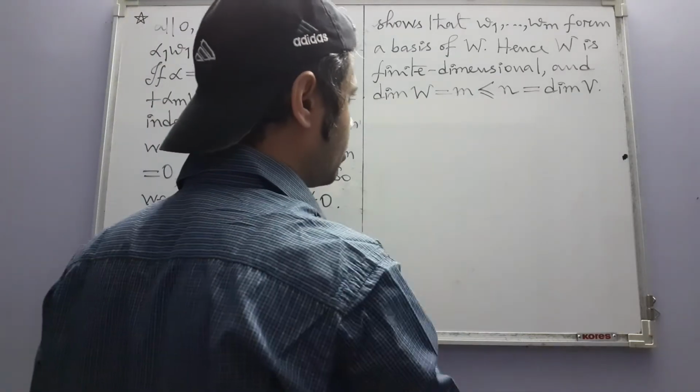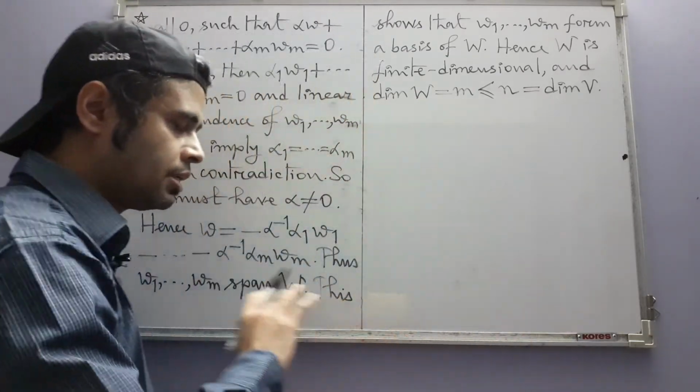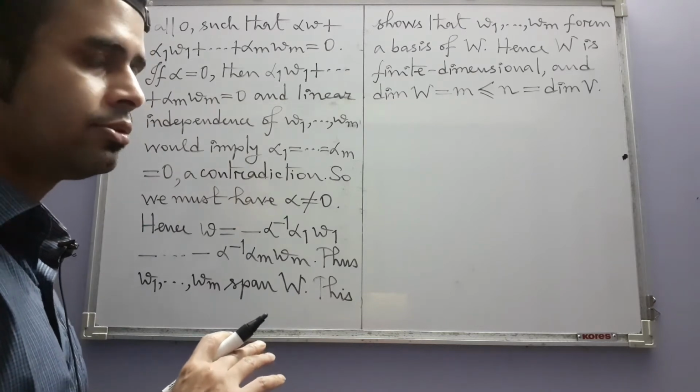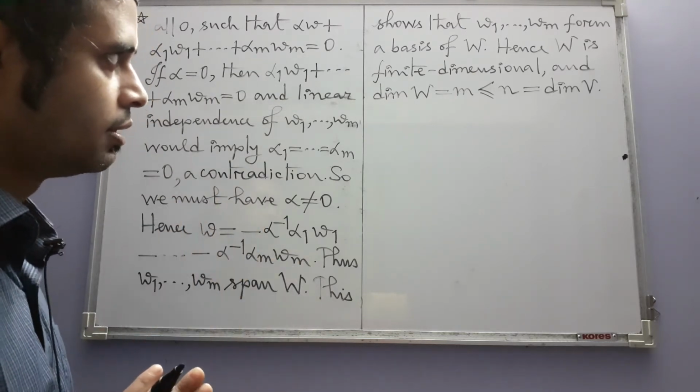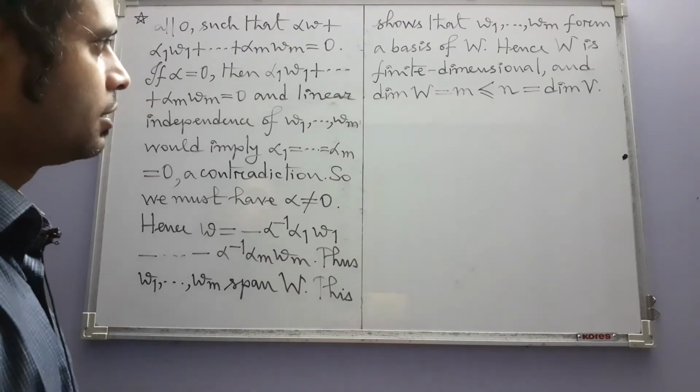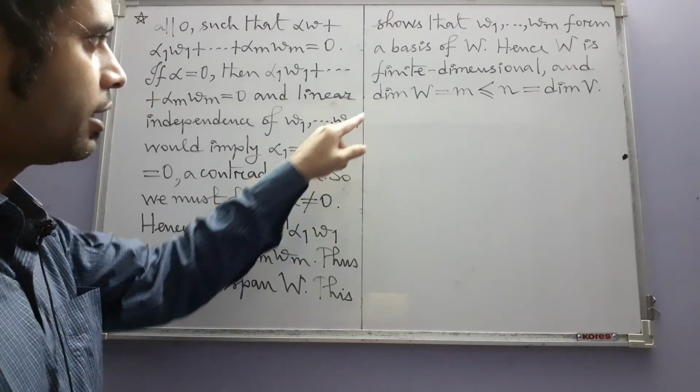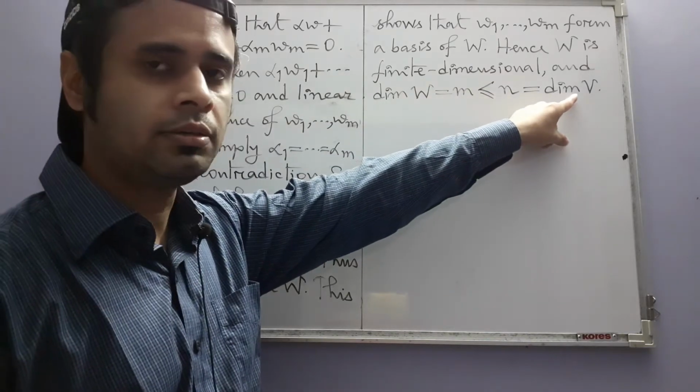So m cannot go beyond n plus 1. In fact, m cannot be allowed to reach n plus 1 either. So m has to be less than or equal to n, and that is how we have shown that W is finite dimensional and its dimension does not exceed the dimension of V.